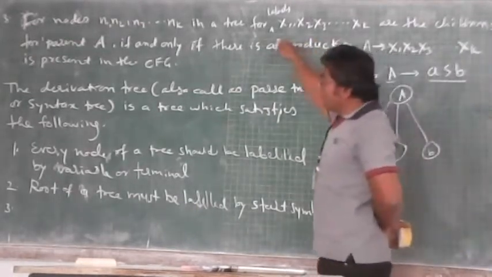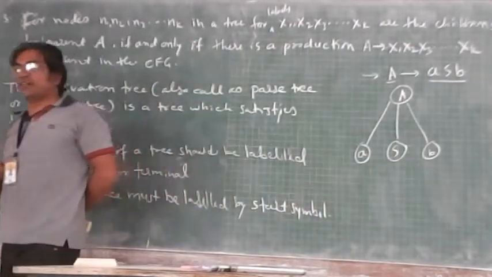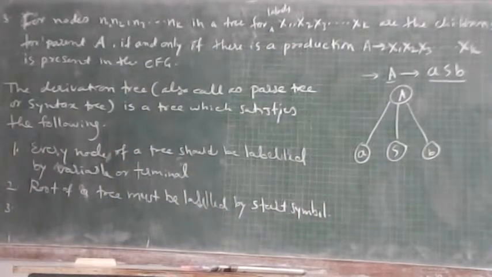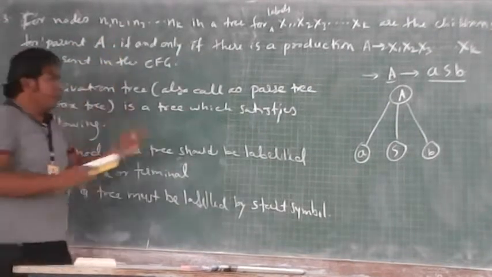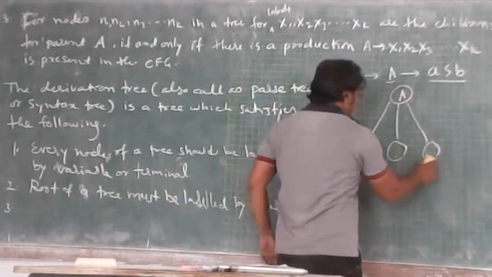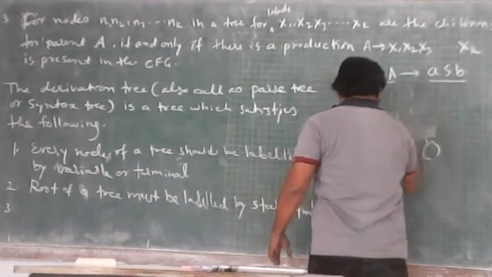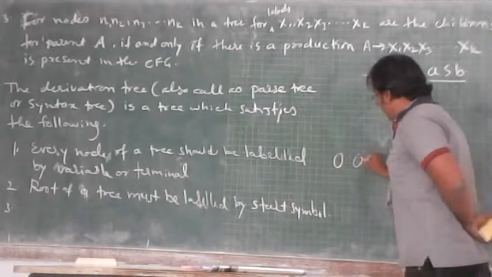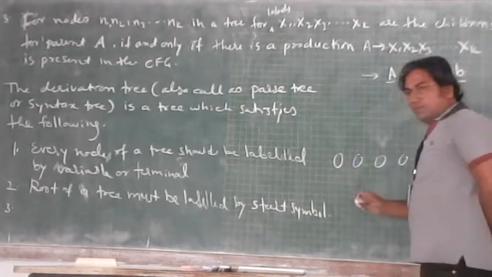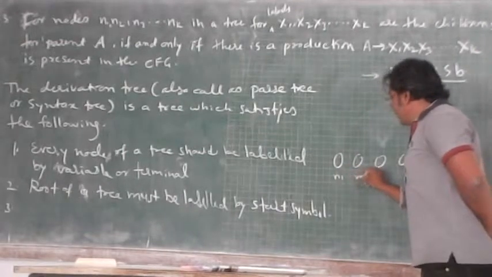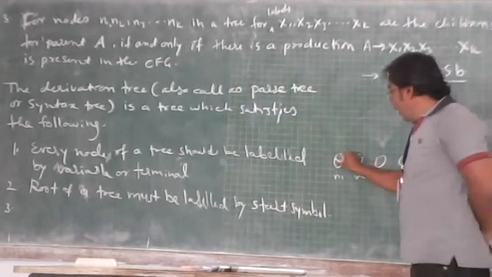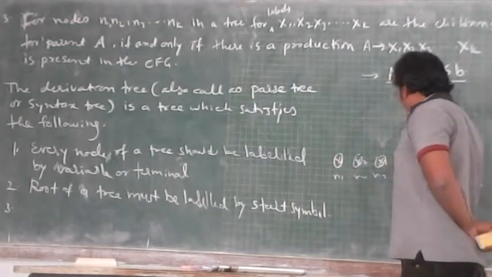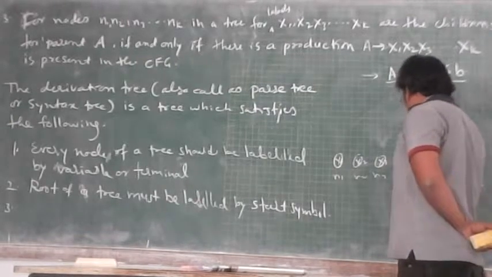This is represented in a general form as a description for understanding. Is it okay? Is it understood? These are the nodes. For example, there are some nodes n1, n2, n3 up to nk. These nodes will have labels x1, x2, x3, x4 up to xk.